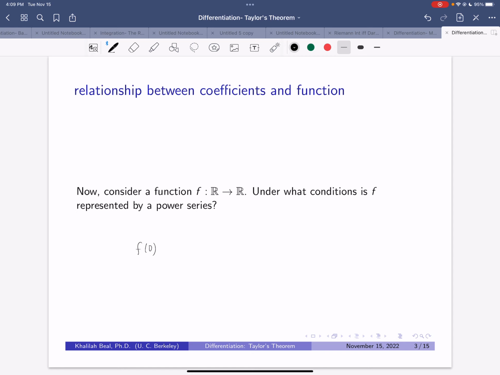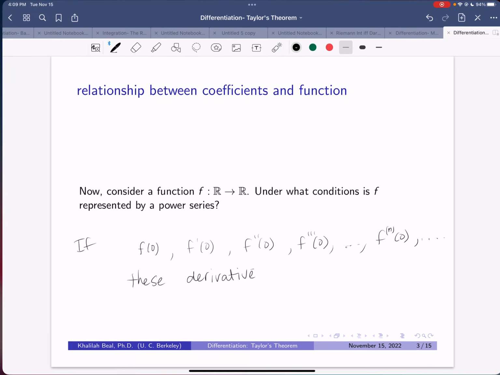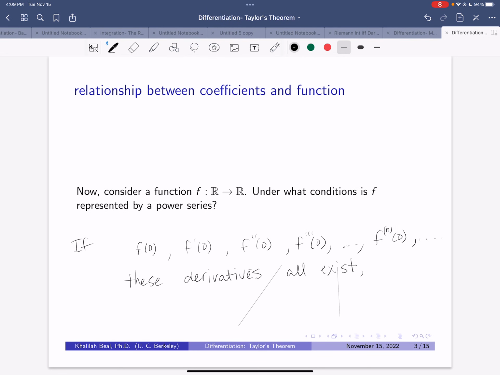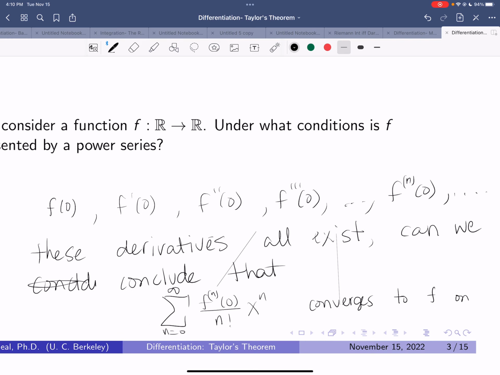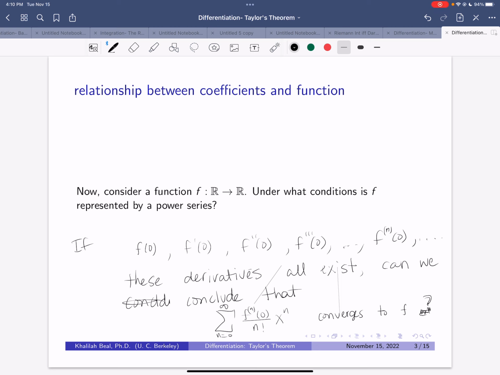If f of 0, f prime of 0, f double prime of 0, the third derivative at 0, and so forth and so on, all exist, do we know or can we conclude that this power series, based on these coefficients, converges to f on some open interval? So that's the question.